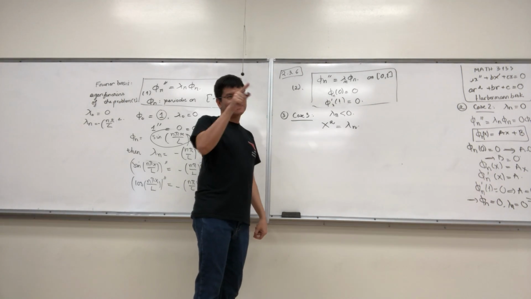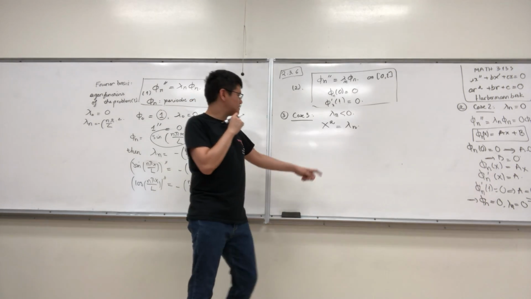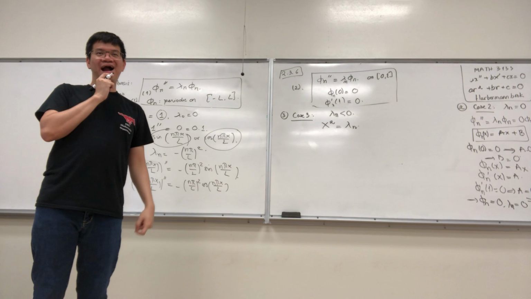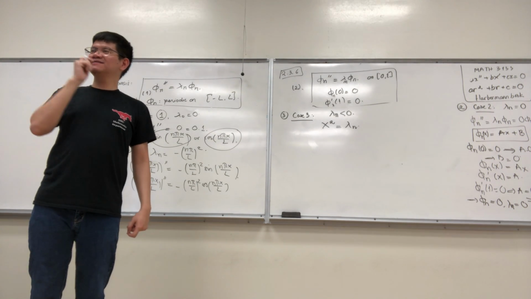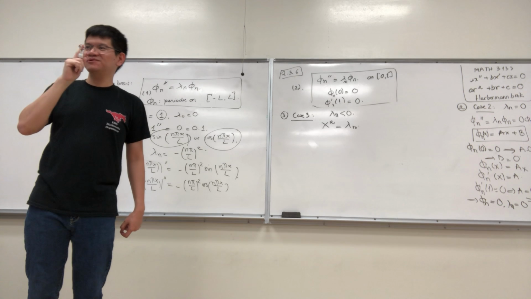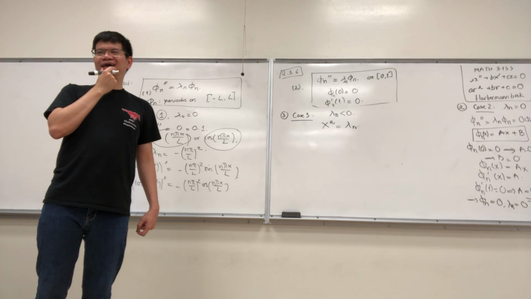Lambda is negative, so that's why I put the i. Yes, but you cannot take the root of lambda n. Is it i plus or minus root lambda n? No, lambda n is not positive.